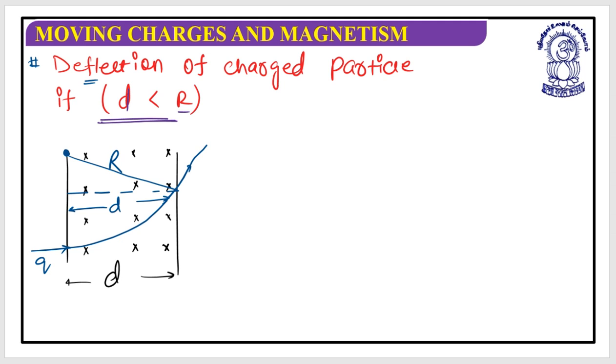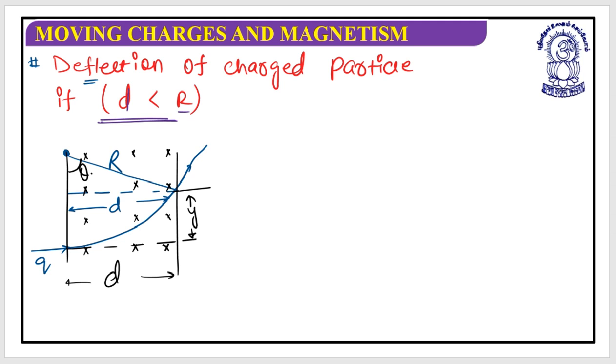So I can find out the deflection in both approaches. One is the angular deflection, with which angle it has been deflected. So I can find out this angle, as well as the vertical displacement, that it has entered from here and is leaving from here. Let's say this is y, the vertical deflection.